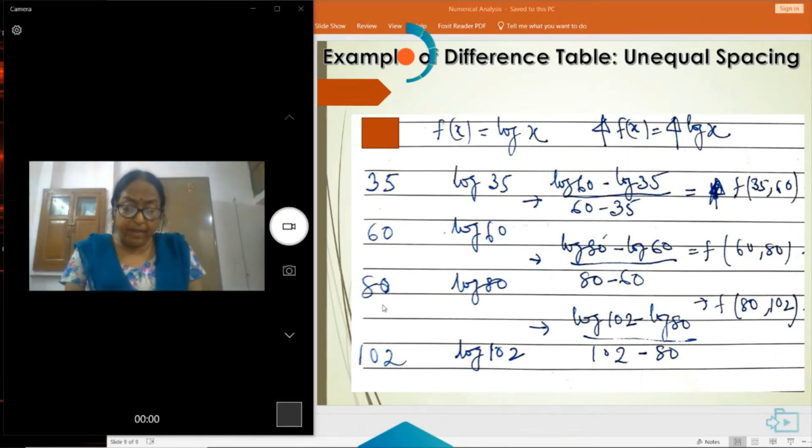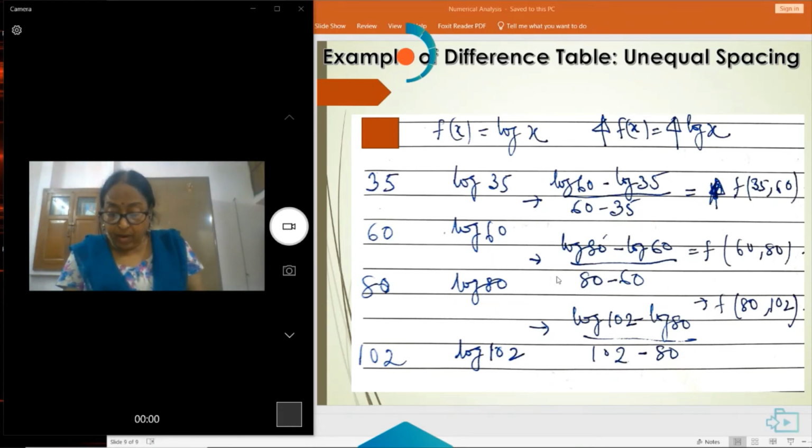And suppose f(x) is equal to log x, that means we have to write the values of log 35, log 60, log 80, and log 102 from the table or using the calculator. Now, to find the difference table in this case, we subtract log 60 minus log 35 divided by 60 minus 35. And we write it as f[35,60] or f[60,35].